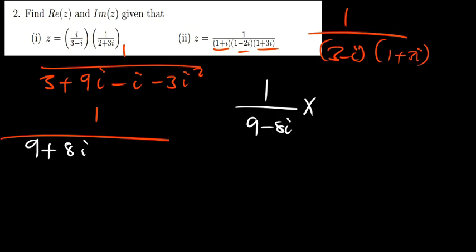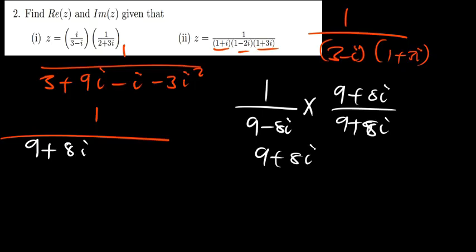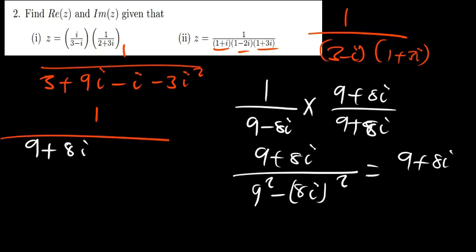I conjugate this, I'll end up having 9 minus 8i over 9 minus 8i. The top part we have 1, so it will just be the same. Then down part, multiply the one having negative. In this case, I'll end up having 9 minus 8i divided by 9 squared is 81 minus 8 squared is 64 times i squared.